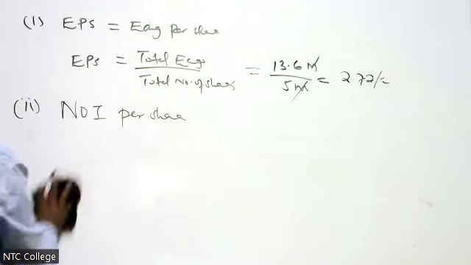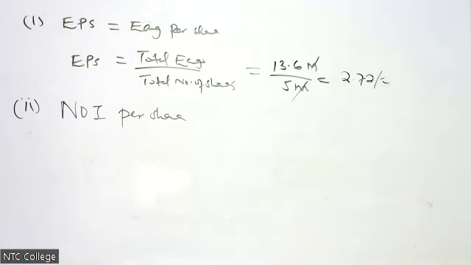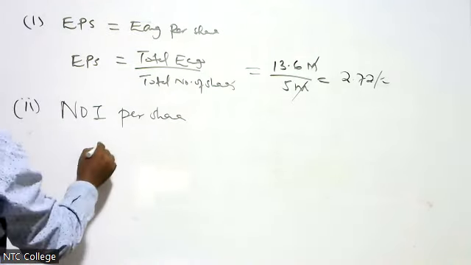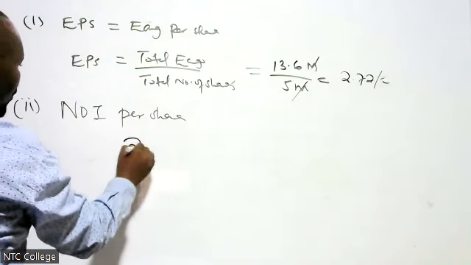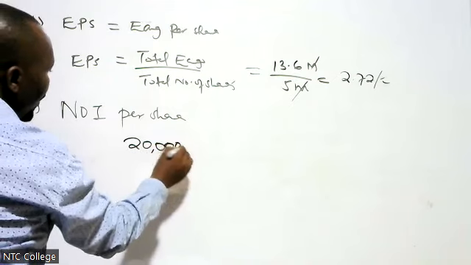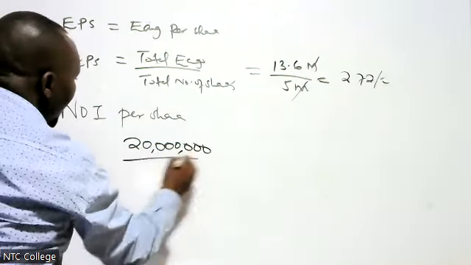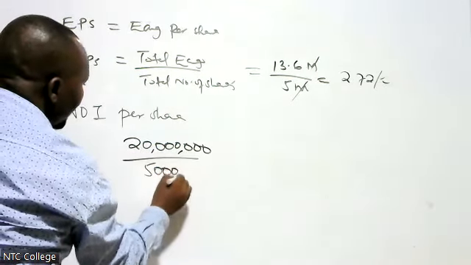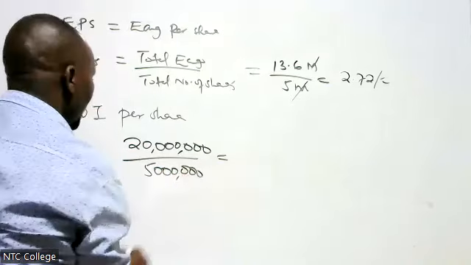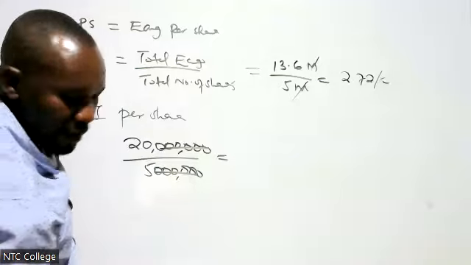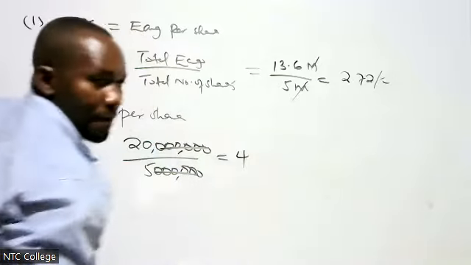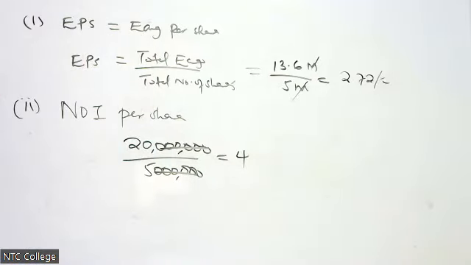So our NOI per share is now 20 million over 5 million shares. So what are you getting? 4. The only thing that we have not deducted is interest.